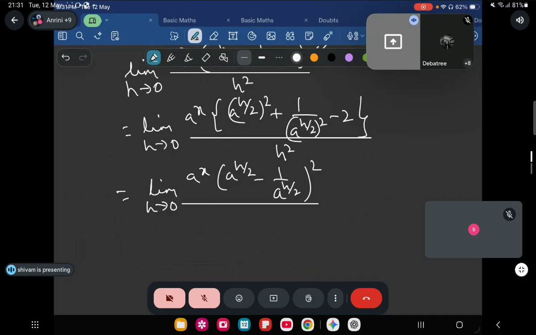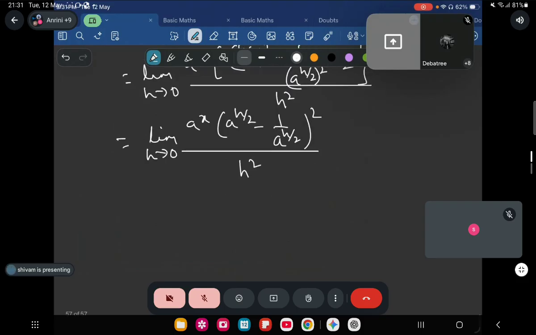If you take 8 to the power h by 2 common from the numerator, 8 to the power h by 2 will come outside, it will become 8 to the power h. Within brackets, you are going to get 8 to the power h minus 1 whole square divided by h square. See, this is the standard limit.